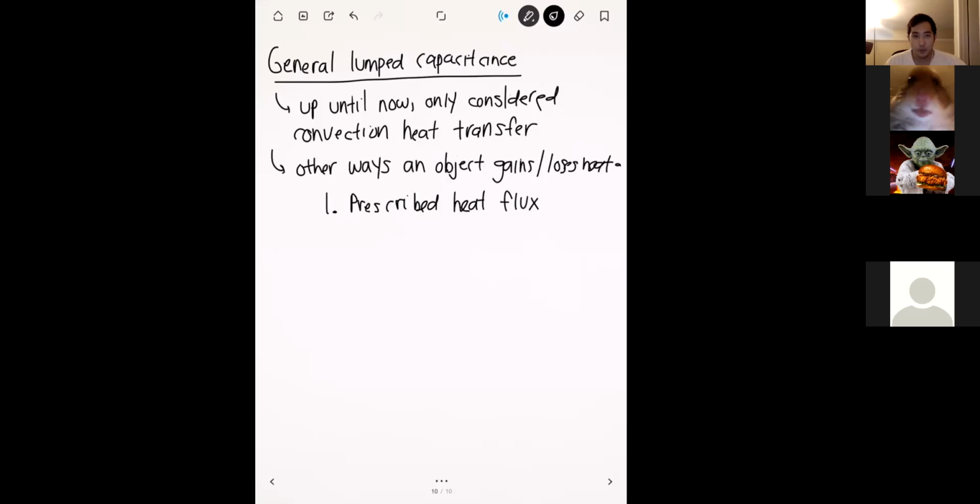Let's say we're purposely heating an object from the outside. A simple example is putting your pan on a stove. The stove is going to heat your object with a prescribed heat flux.